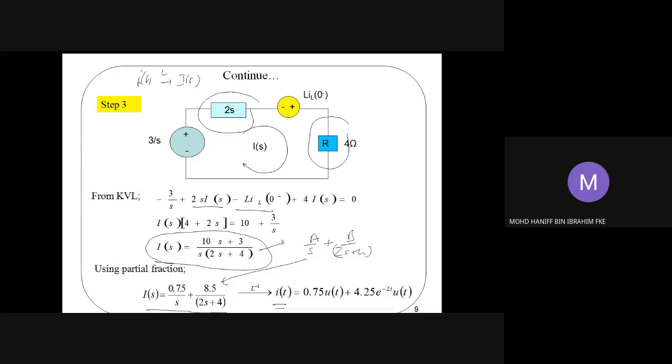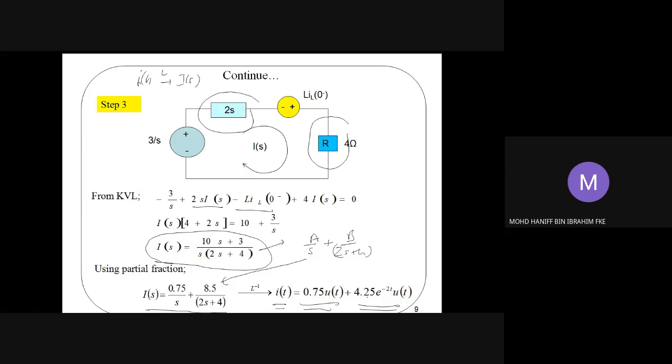So 0.75 over s is 0.75 u(t), and 8.5 over 2s plus 4 is 4.25 e to the negative 2t u(t). This is how we use Laplace transform in solving circuit analysis problems, in which this method is very much easier compared to the solutions in the conventional time domain technique.